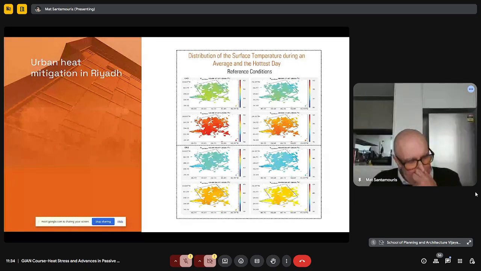The patterns of the surface temperature follow the patterns of the ambient temperature. And this really helps us to understand the reasons behind the overheating, which, as mentioned before, have to do mainly with the urban density, and also a little bit with the generation of anthropogenic heat at the city scale.